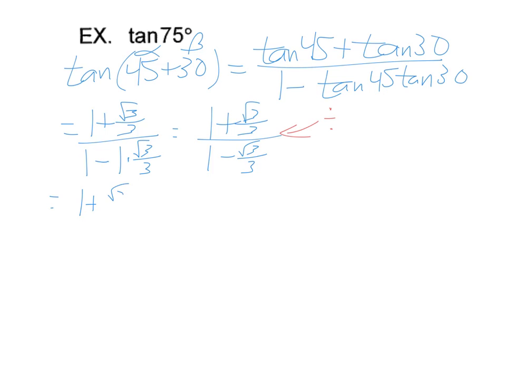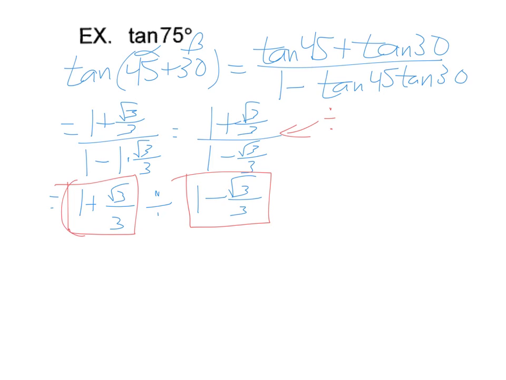1 plus the square root of 3 over 3 divided by 1 minus the square root of 3 over 3. Here I have a little addition problem I need to do and a little subtraction problem I need to do. These are grouped together because all of the first part was on top, all the second part was on the bottom.